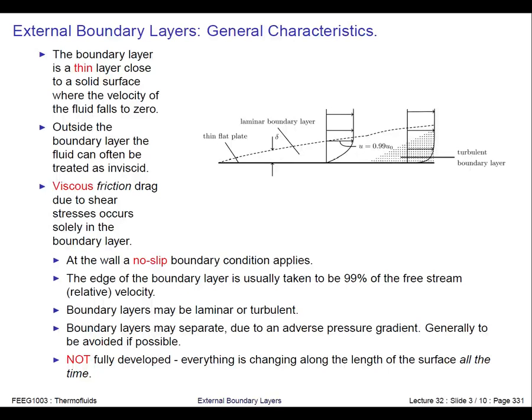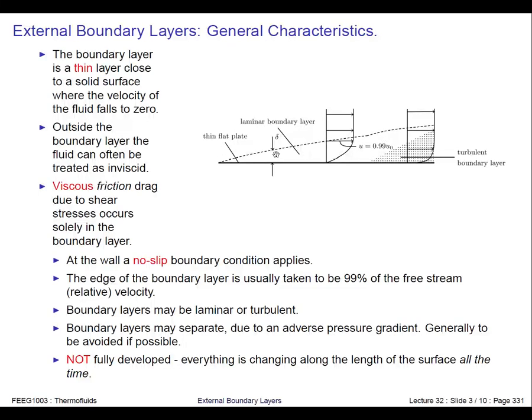Okay, so the main structure, which we've seen on a video, is that we have a thin plate, we've got upstream flow coming across the plate, and out here it's the undisturbed free stream flow, and in the boundary layer we've got viscous forces present, and we've got a velocity profile. It's always a no slip boundary on the surface, and the dotted line effectively tells us where the edge of the boundary layer is.